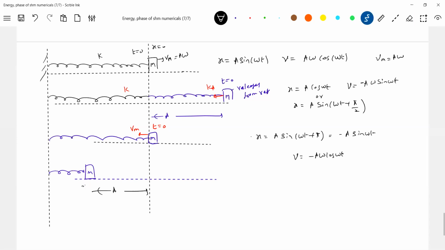Release from rest. So what is the state of it? I'll define this time as t equal to 0. What should be the equation? x equal to A sine omega t plus 3 pi by 2. Now what should be the equation? Anybody? What shall I write? Minus A cos omega t. Am I right?